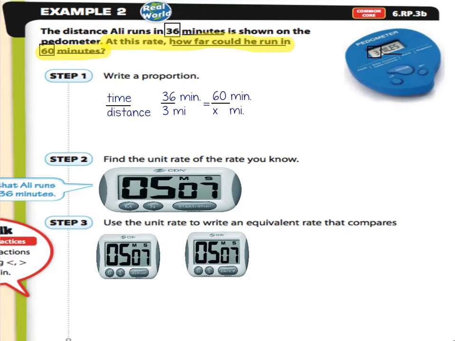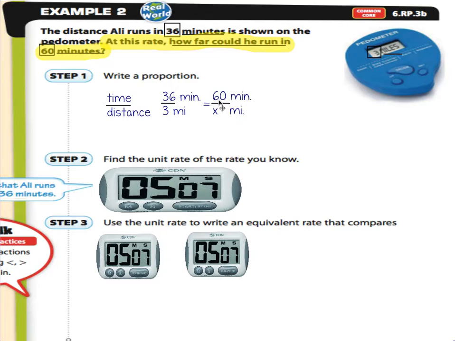So far, so good. Now the thing is, does this lend itself nicely to figure out the answer? Do I know what I multiplied 36 by to get 60? Not necessarily. Could I figure it out? Absolutely I could. That doesn't always mean that that's what I have to do.